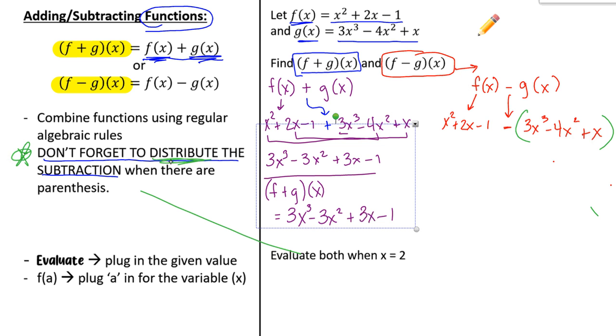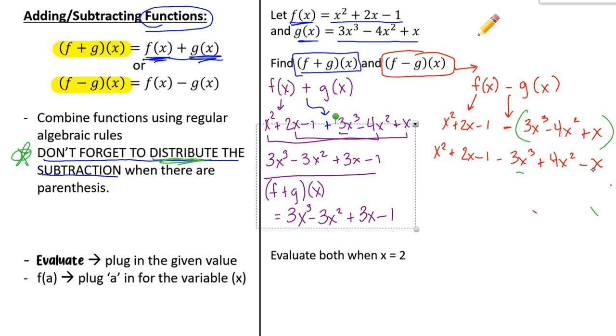Whoops, didn't mean to draw that guy. That negative has to be distributed through before you can do any further multiplication. Sometimes there's no distributing into. That happens mostly with polynomials, but don't forget to distribute that guy through. So now it's actually x squared plus 2x minus 1 minus 3x cubed plus 4x squared minus x.